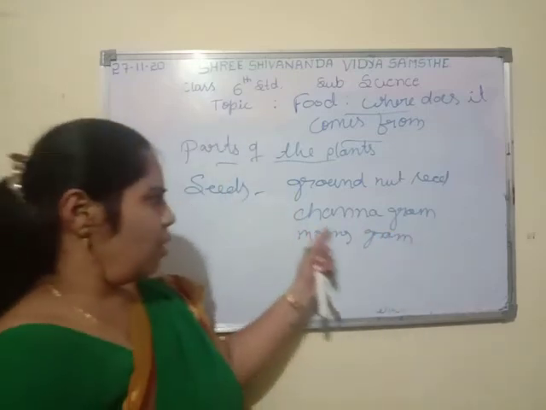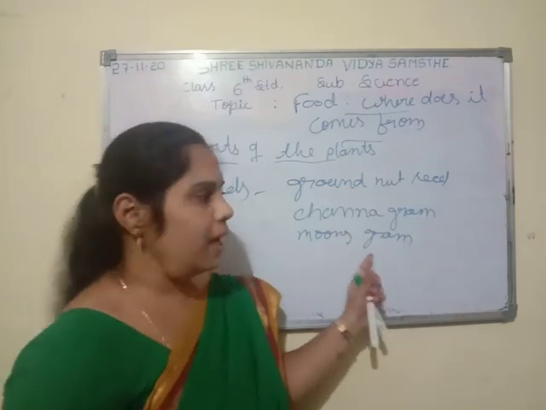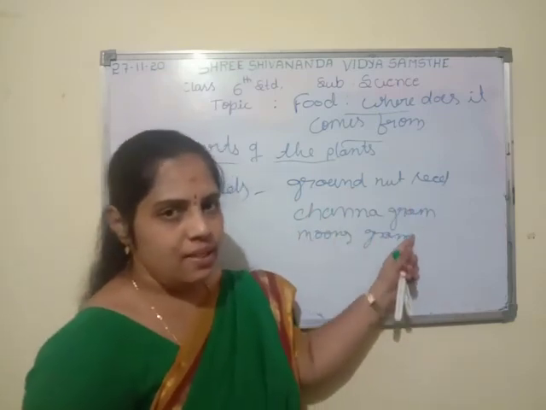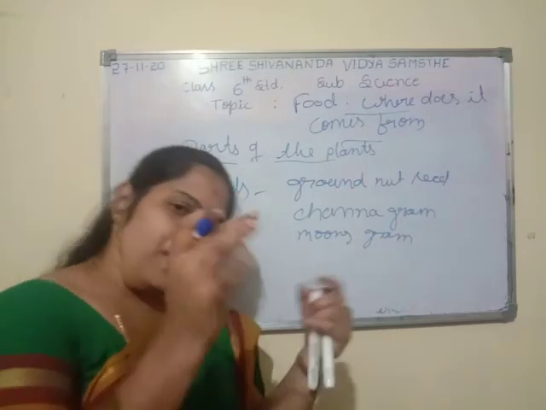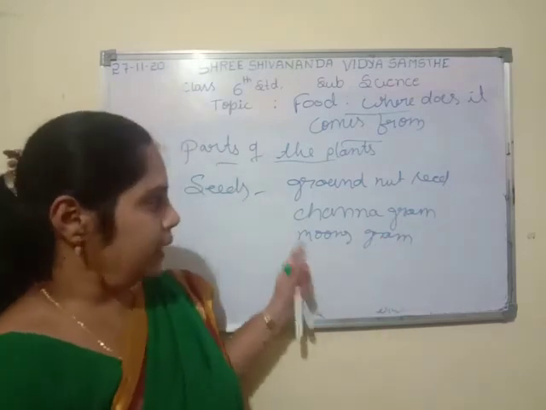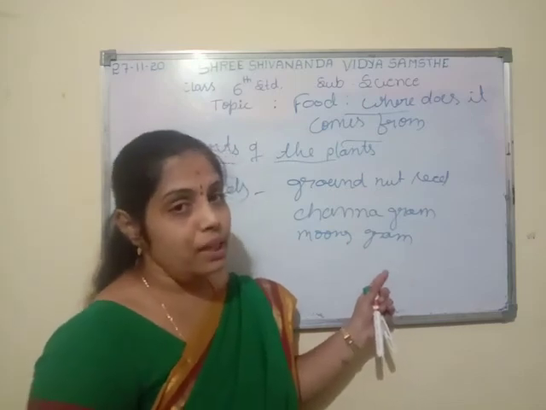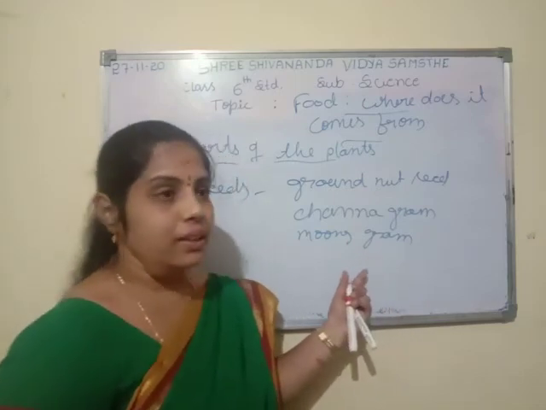These are all examples of seeds. Here we are going to eat only the seed. The plant has all the parts, but the seeds are the edible part. So the edible part is very important here.